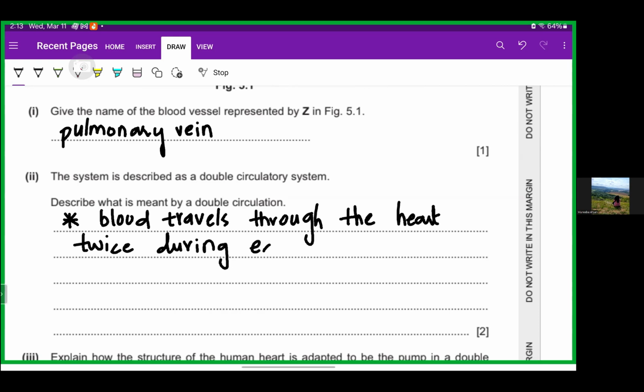So in order to take your 2 marks, you have to mention that it is happening in each circulation.